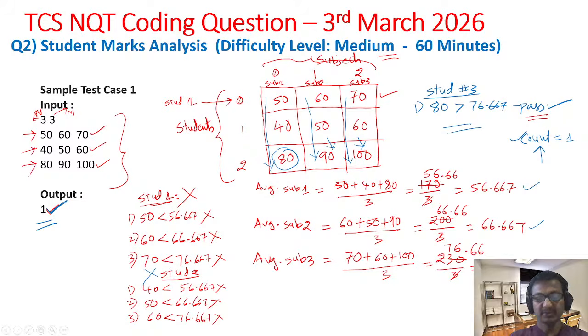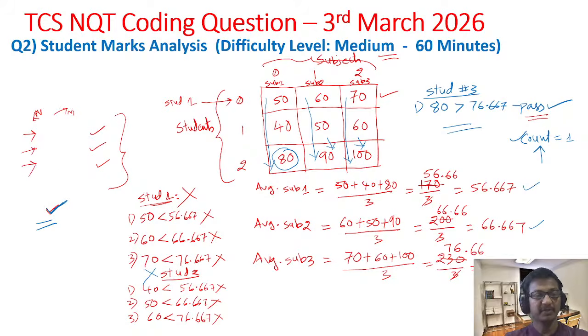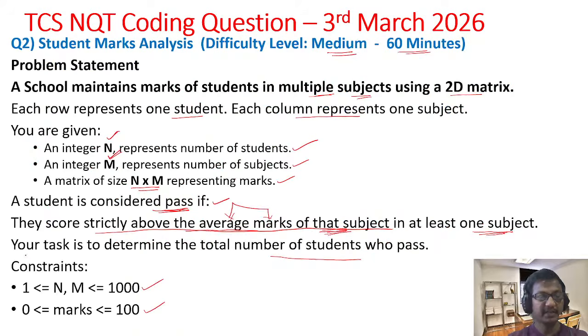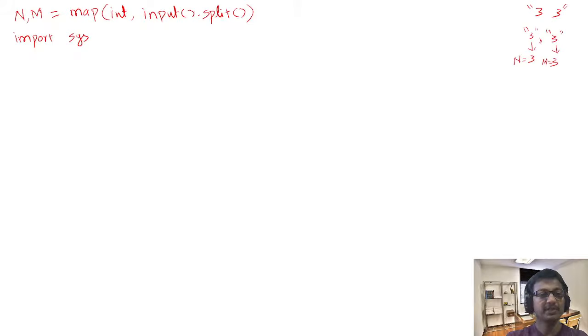For example, if the constraints are given as n and m values up to 1000, and you are given 1000 rows, then if you read all the rows at a time, your program executes faster. So how do we read all the rows at a time? For that, we use the read function, which is a very efficient function.